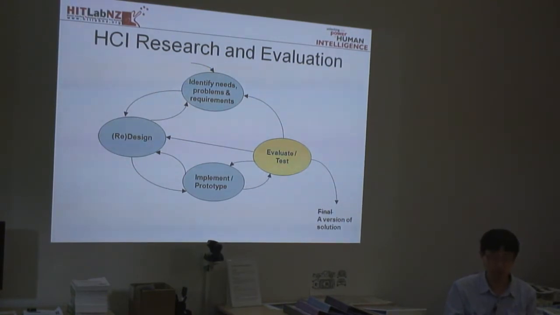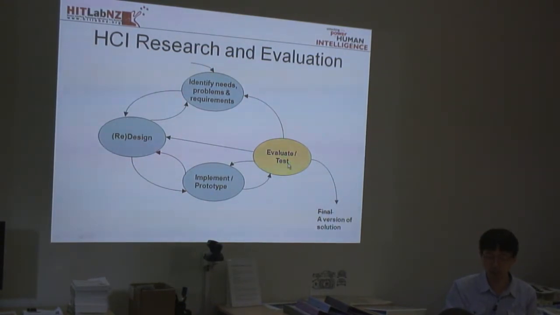Once you've designed those, you start to implement it, either in software or by building a small hardware prototype. Once you've implemented it, you test or evaluate whether it actually meets the needs and requirements that you first stated at the first stage.